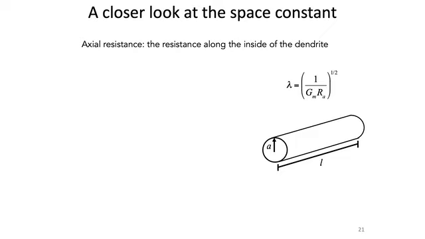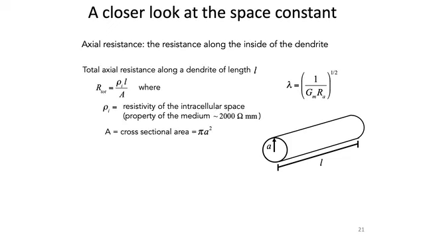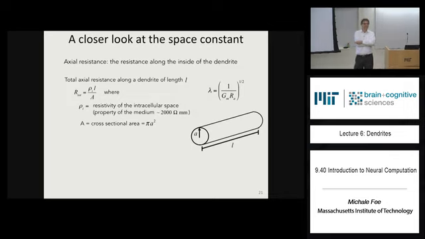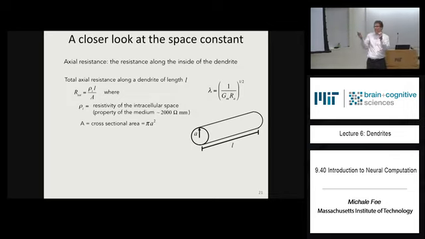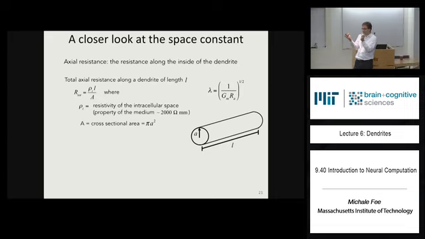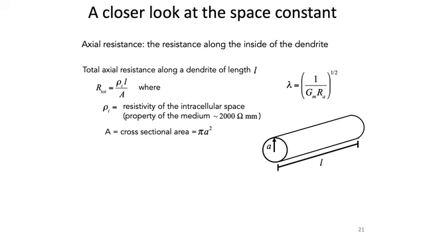The axial resistance per unit length along this little cylinder of dendrite, we can calculate in a similar way. The total axial resistance along that dendrite can be calculated using this equation that we developed on the very first day. The resistance of a chunk of extracellular or intracellular solution is just the resistivity times the length divided by the area.